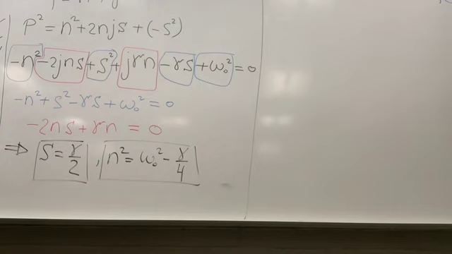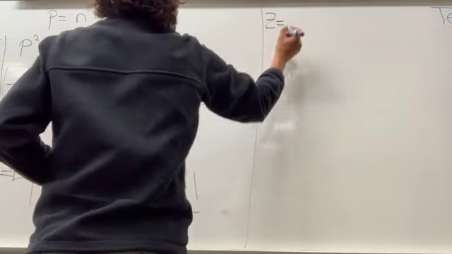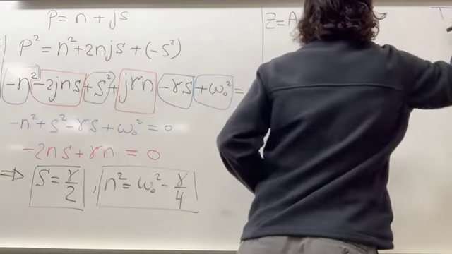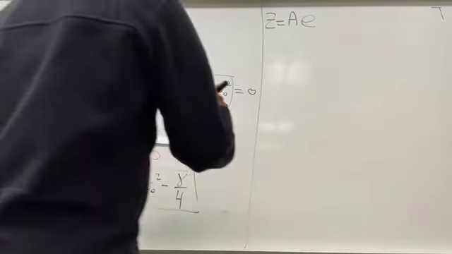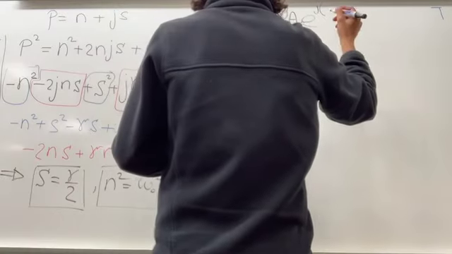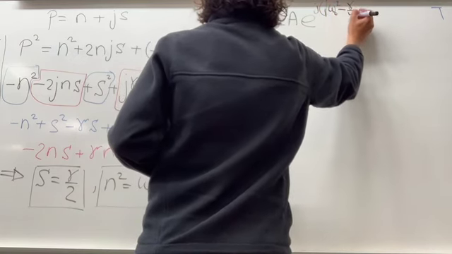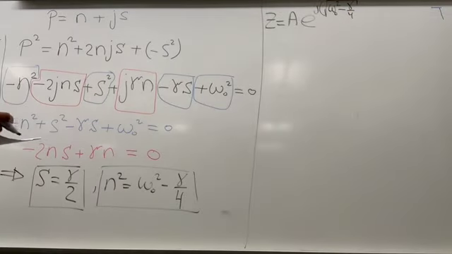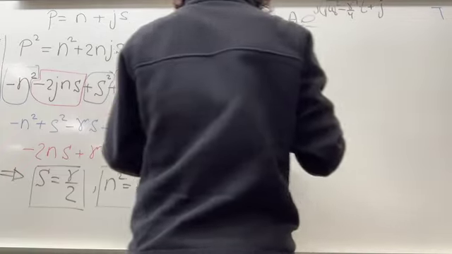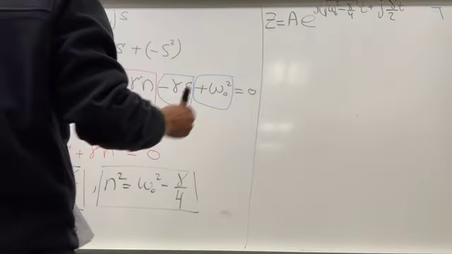So we can write now, go back here, z equals a e to the power j times n, that would be the square root of omega 0 squared minus gamma squared over 4, times t, plus j times st, but s is gamma over 2 times t, plus alpha, the phase.